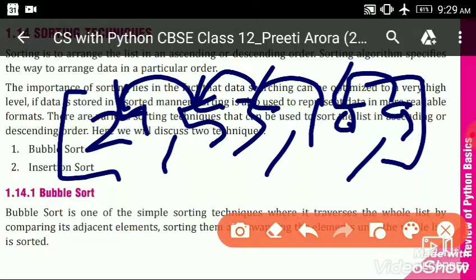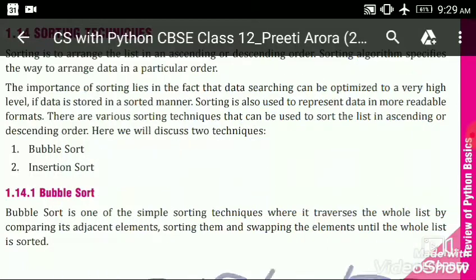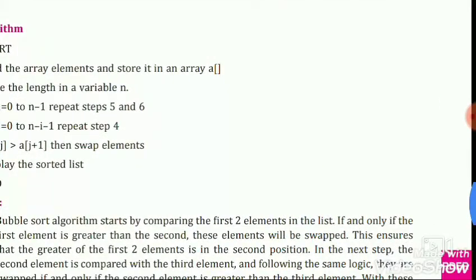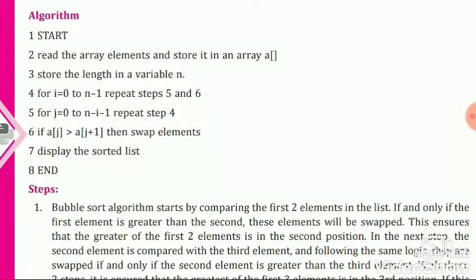So let's see the next lines. Algorithm: read the array elements and store them in array A. Store the length in a variable n, and for i equal to 0 to n-1, repeat steps 5 and 6. So the 5th and 6th steps will be repeated n-1 times.